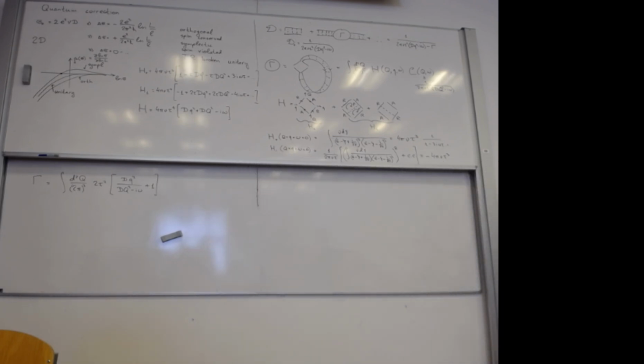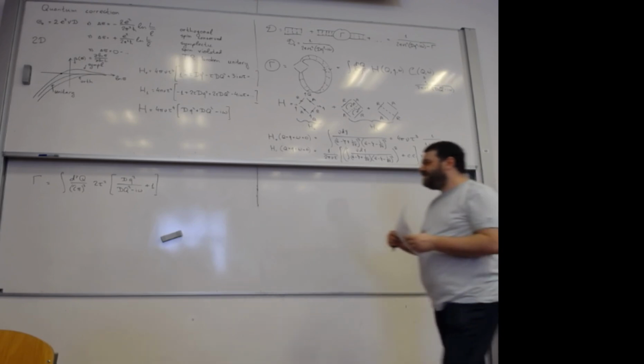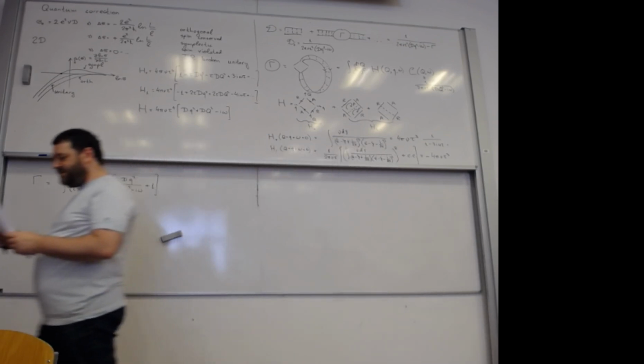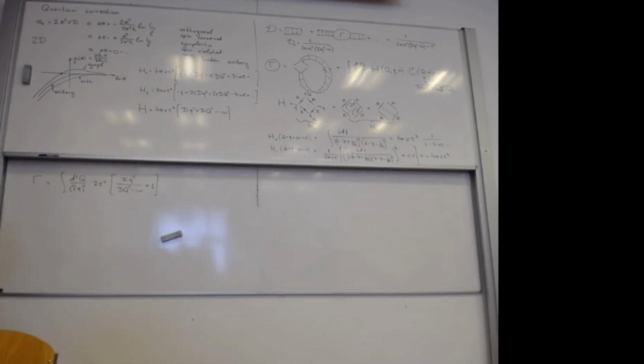So who can tell me what the value of the Q integral is? Diverges. Yeah. And why does it diverge? Because of the one. Okay. When Q is large, this thing is small, so actually it's logarithmic.